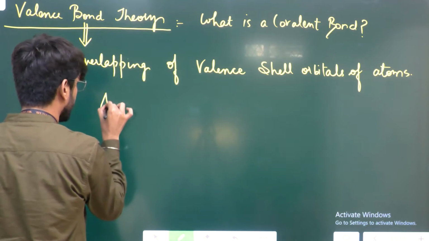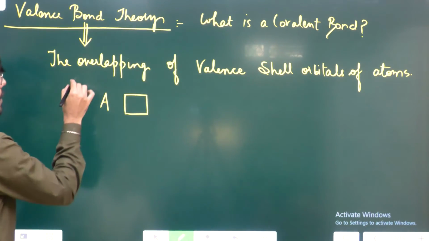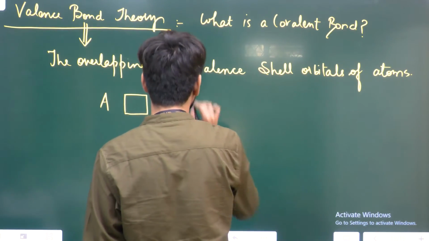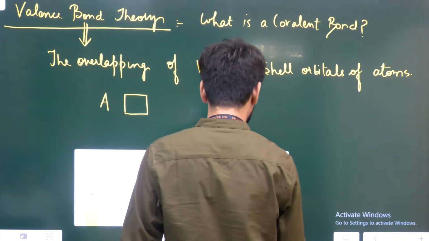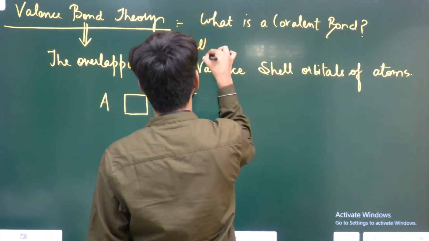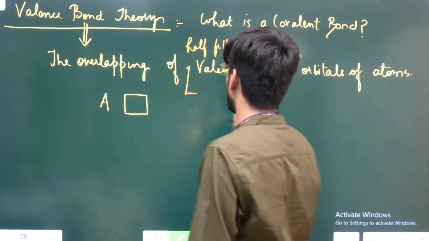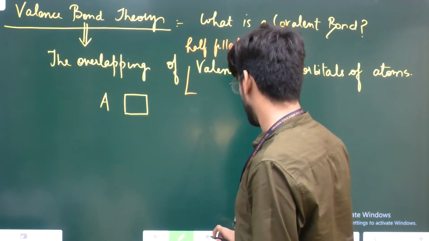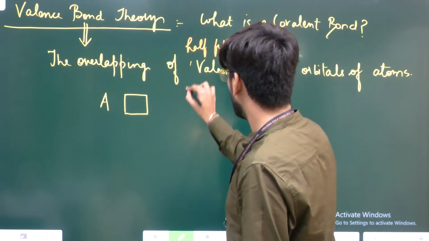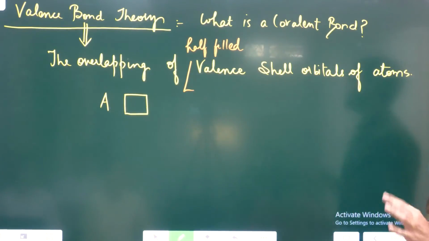Suppose I have atom A. इसका एक valence shell orbital है जिसके अंदर first of all the overlapping of, यहाँ पे एक word मैं introduce कर रहा हूँ, half filled valence shell orbitals of atoms.